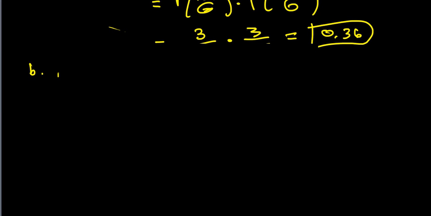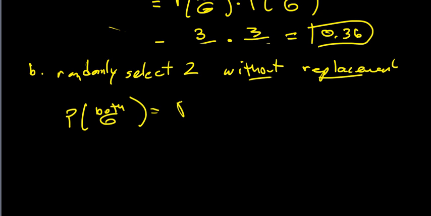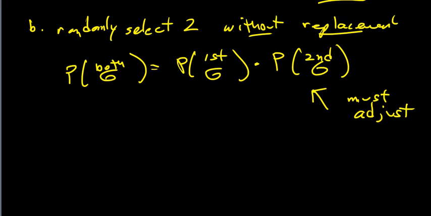Now part B asks us to randomly select 2 without replacement. Alright, so we're going to have to make some adjustments down the line. The probability that both are good. Well, I claim it's the probability that the first one is good times the probability that the second one is good by the multiplication rule, but we must adjust the second probability, because they are not independent events.